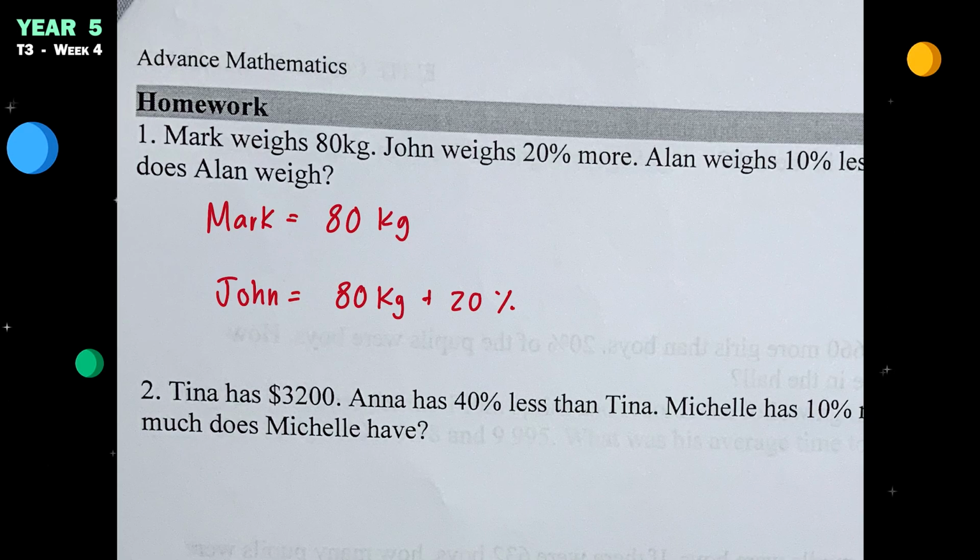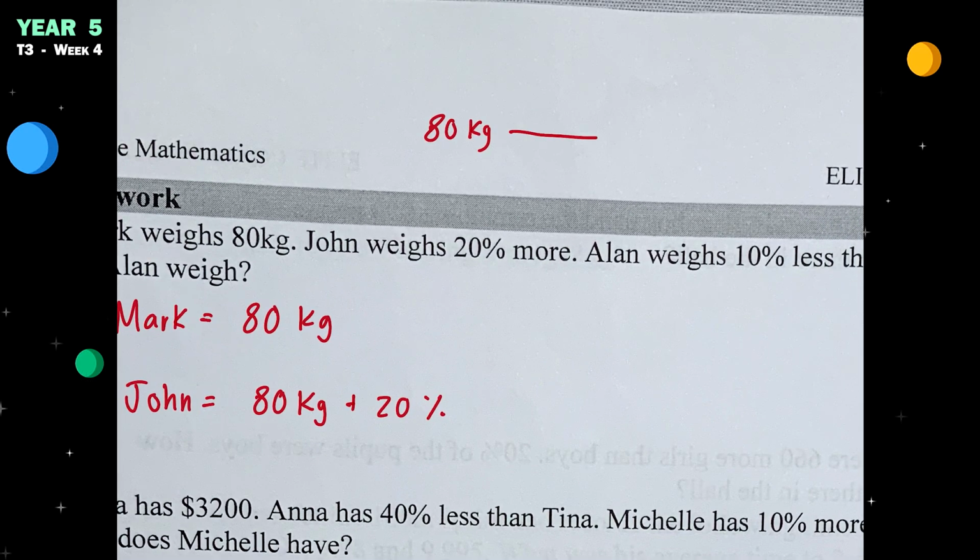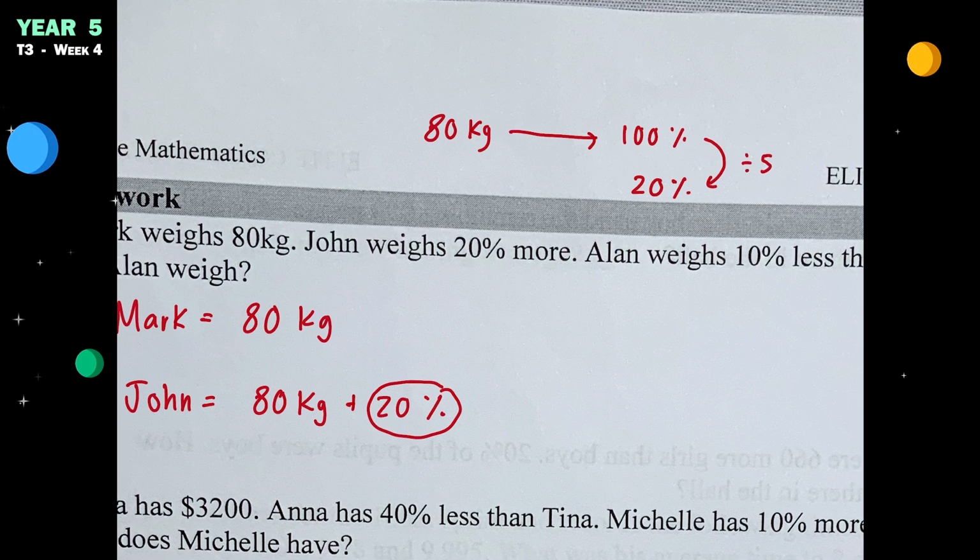We know that Mark, which is 80 kilograms, is our 100%. If you want to find how many kilograms 20% more is, you have to find what 20% of 80 kilograms is. To go from 100 down to 20%, we divide it by 5, and we have to do the same thing here. So we divide it by 5 and we get 16 kilograms.